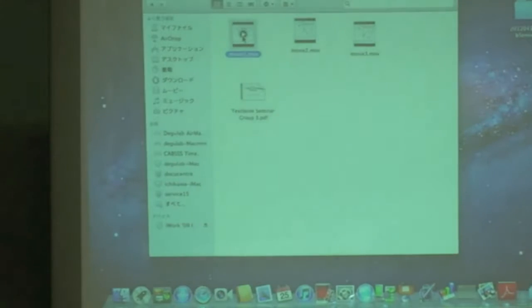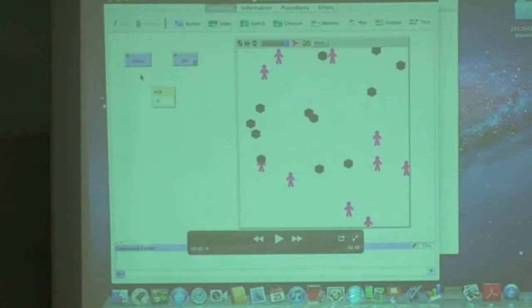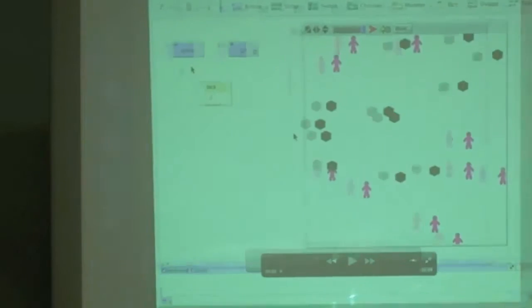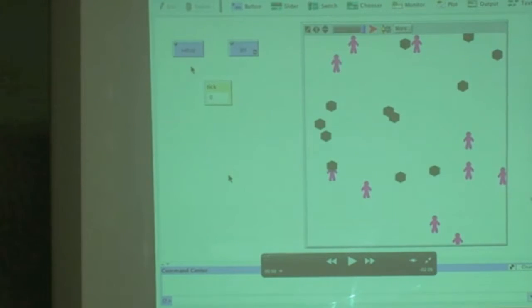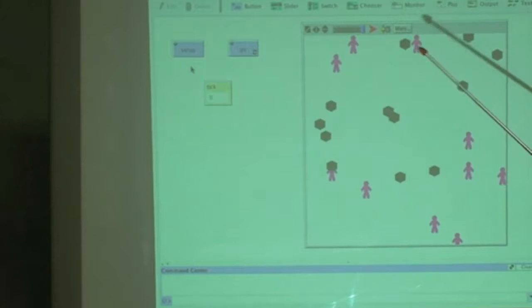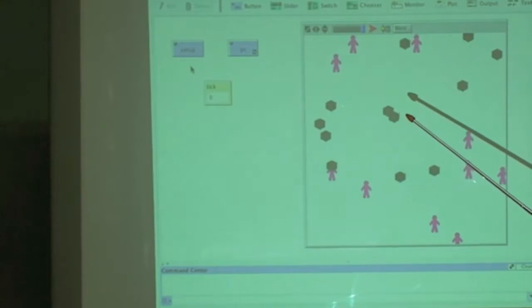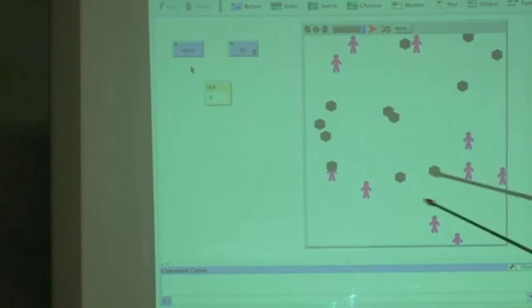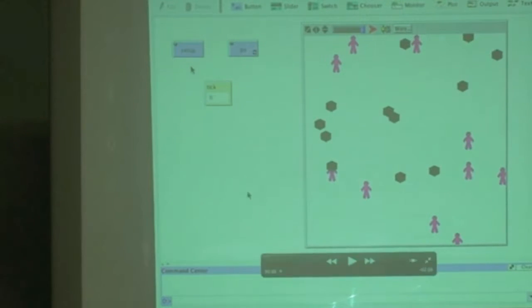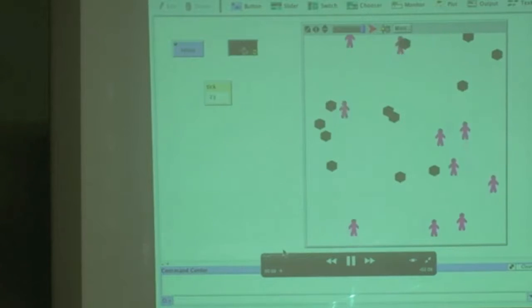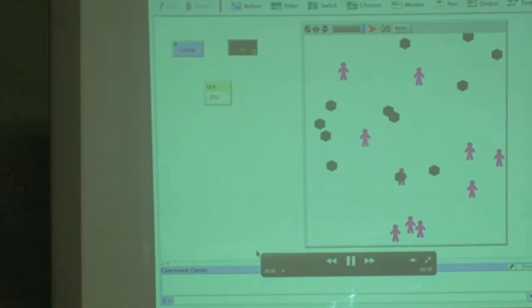Please look at the basic simulation model. In the basic model, customers and shops are set up randomly, and the customers search and move to the shops randomly and do their shoppings.